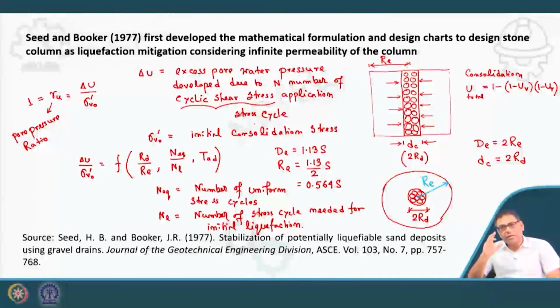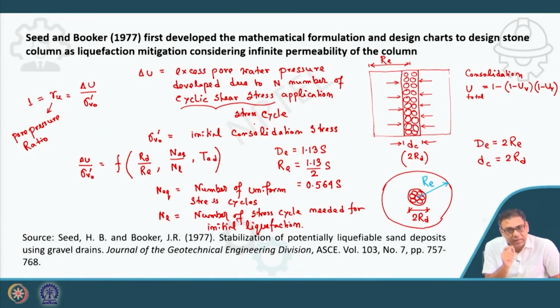In such a case, we can provide this system so that the cycle required to cause liquefaction is say 7 or 8, but I can apply 15 cycle, still there will be no liquefaction. So that is the way we can design it.